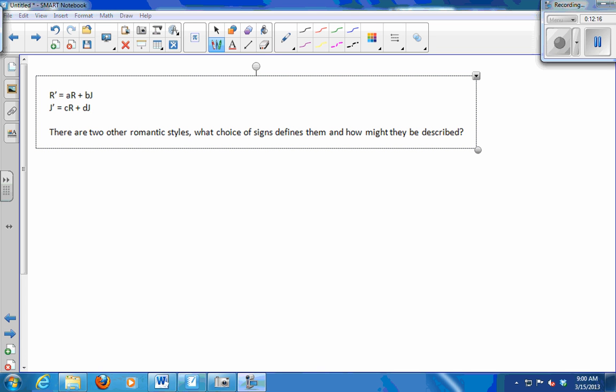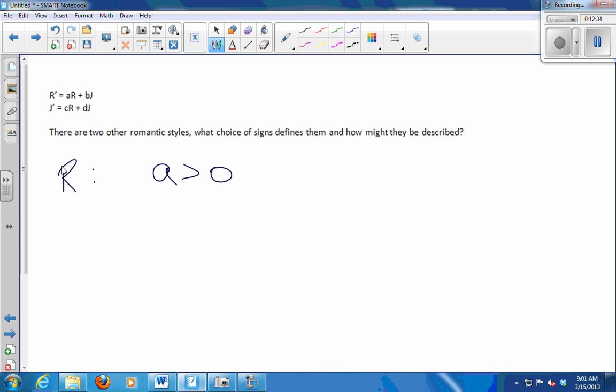All right. So let's just discuss Romeo. It's the same for both of them, but if Romeo has, what did we do? We did C negative, D positive. So if we do A positive, B negative, right, R prime is something like 2R minus 3J.